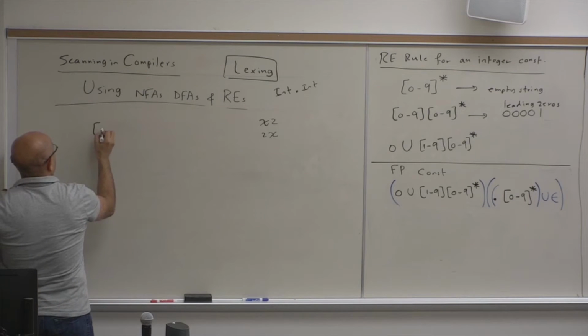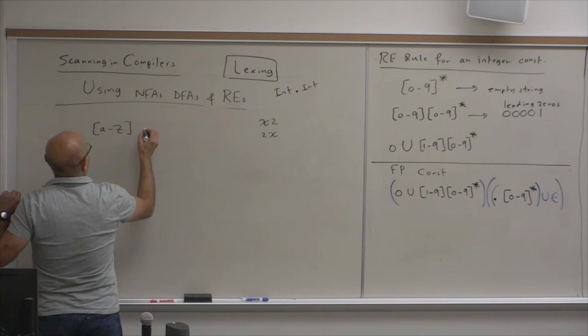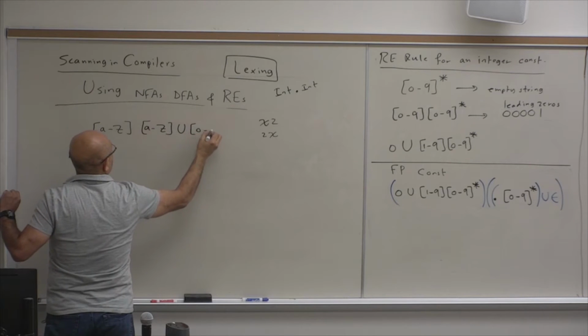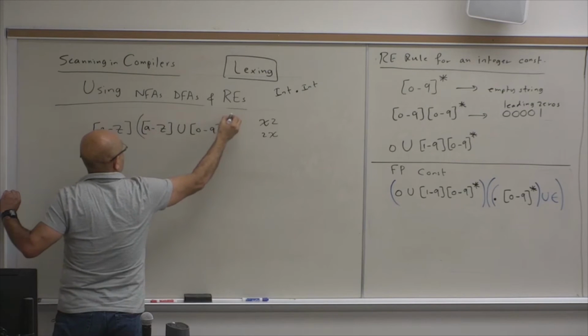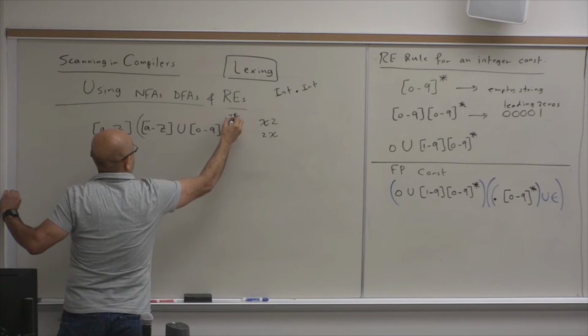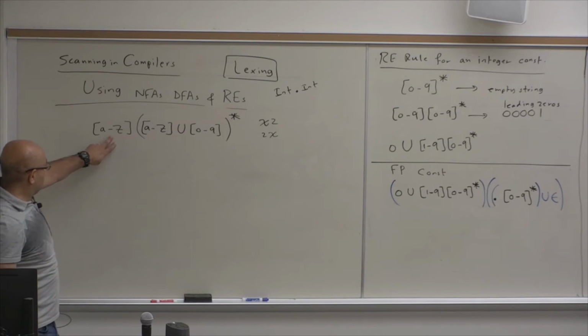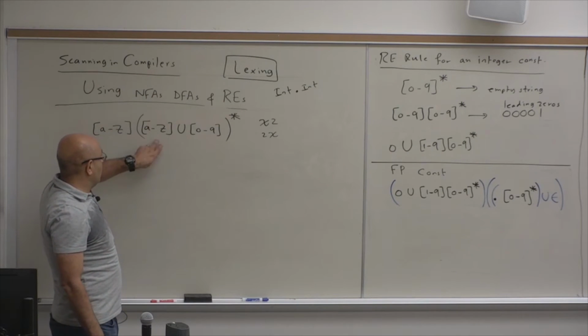So it's A to Z, followed by A to Z or 0 to 9, star. Okay, so the first one must be a letter. Then after this, you can have as many letters or numbers.